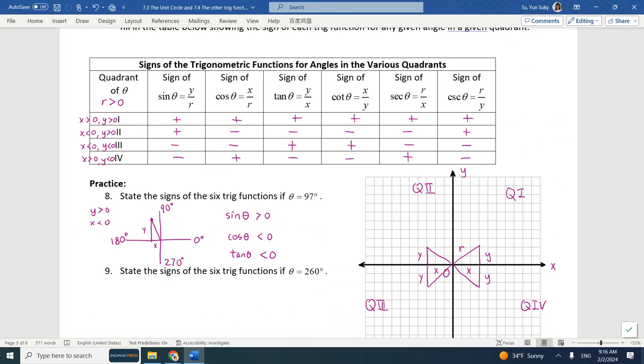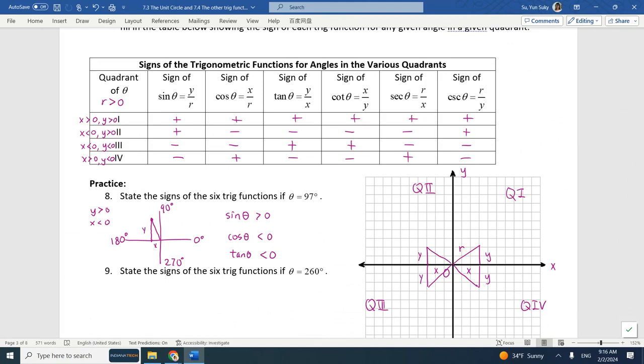Then together is negative. And then tangent, y over x. Y is positive, x is negative, so the answer is negative. Is that okay, everybody? That's why I say you guys be familiar with the ratio. When I ask you a trig function, you can tell me right away that is what over what.